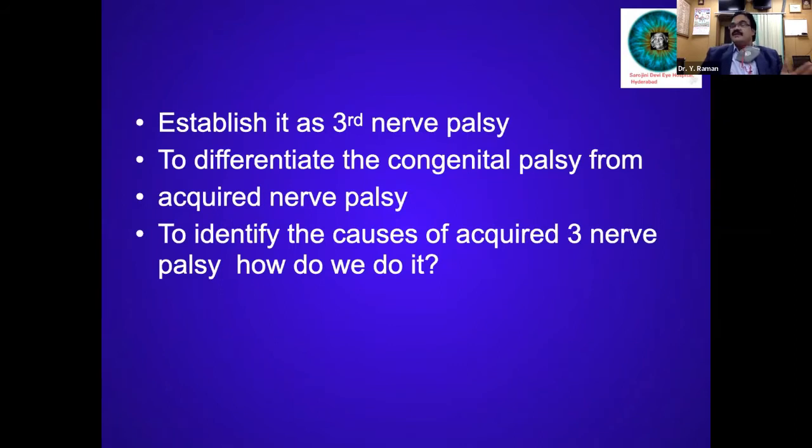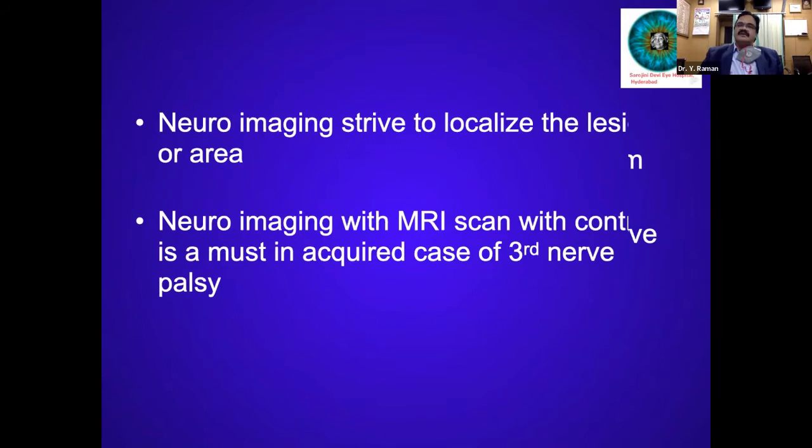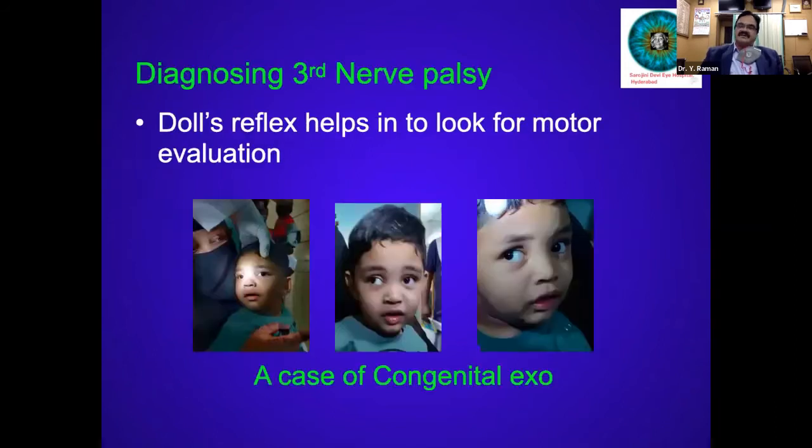If there is a polyneuropathy, we always have to specify the area of localization for the neurological investigation. Once the primary cause is established, the patient should be referred to a neurologist or neurophysician. The remaining cases, the strabismologist takes care of.